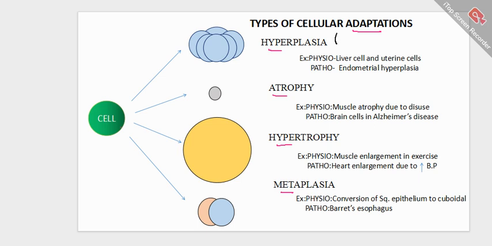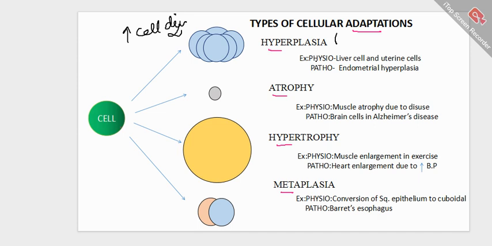As you can see here, a single cell is there, and here a large number of cells. Their number has increased. The mechanism followed is increased cell division. How is the number increasing? Due to an increased amount of cell division.